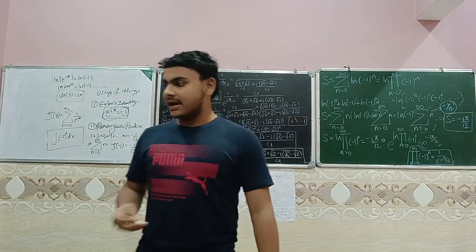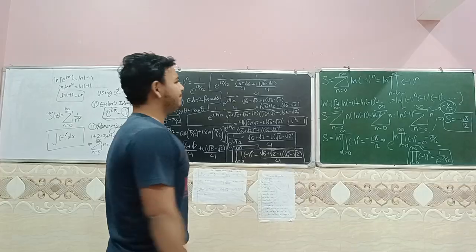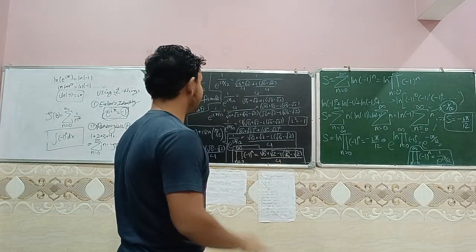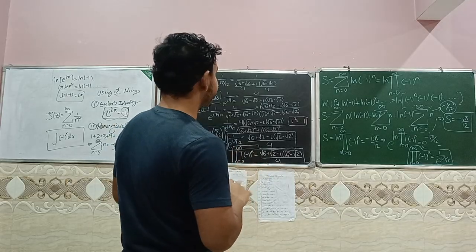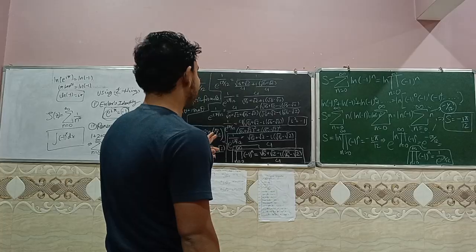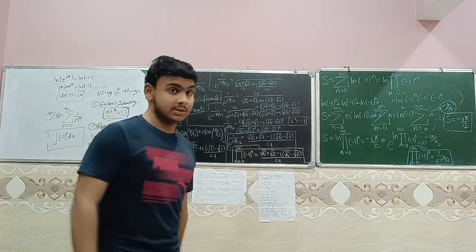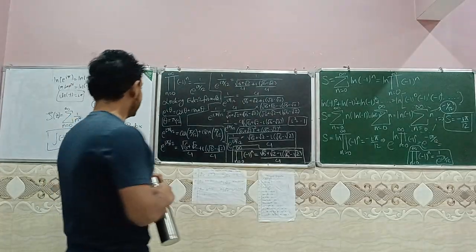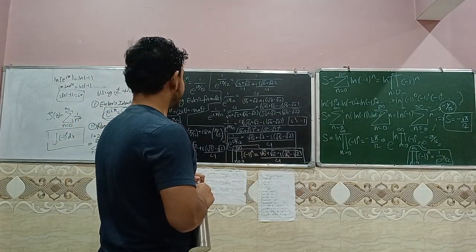I don't think that I have messed up somewhere or made some mistake, because everything looks good. I'm just following all the rules necessary in this evaluation. If I did make a mistake, please let me know in the comment section.